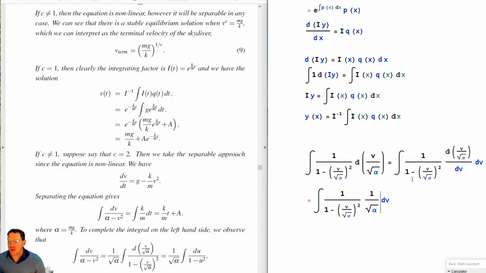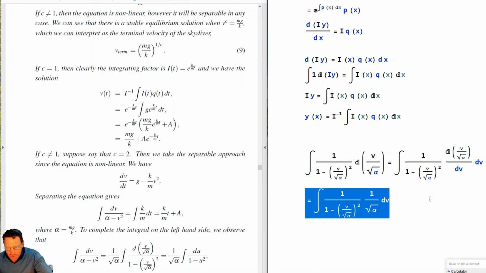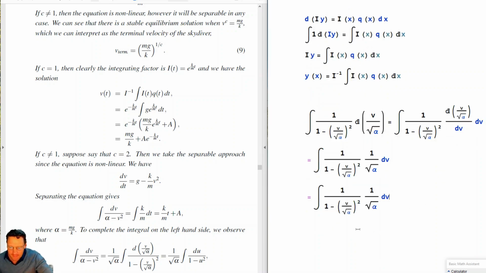Okay, so now I've completed that substitution there in reverse. So now I have 1 over root alpha. This is a constant, but I can multiply this in on the left part of this. So that would give us, let's go and put in a new line here, root alpha there and root alpha there. Okay, so we have this now.